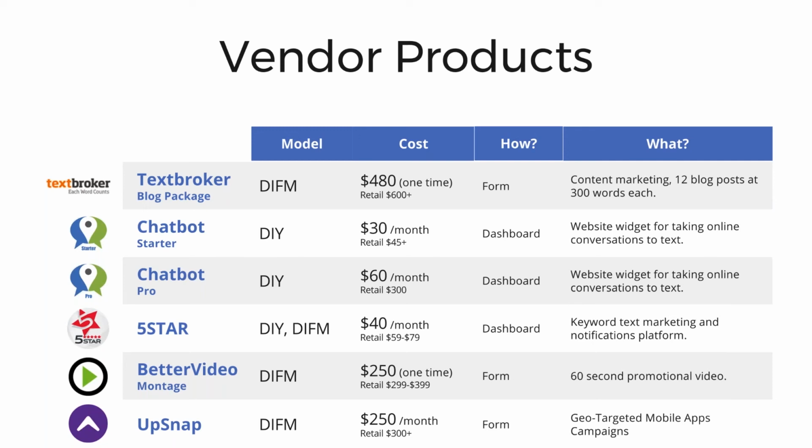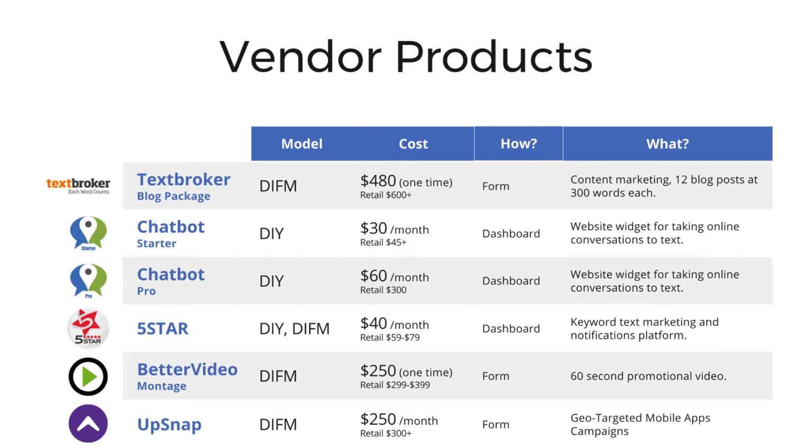We've got Chatbot, which is a website widget that's taking online conversations to text. 5-Star, which is a really great keyword text marketing and notifications platform. So, anytime you see some of those text to win or text for more information, that's what that product is doing. To a video builder or geo-targeted mobile ads campaigns.